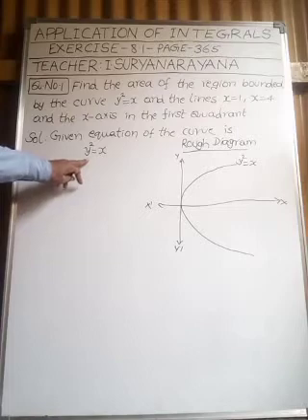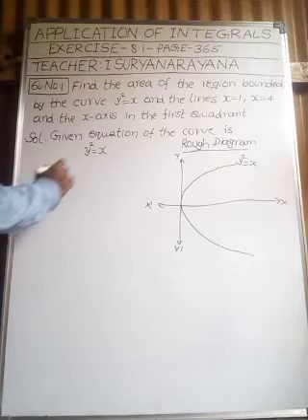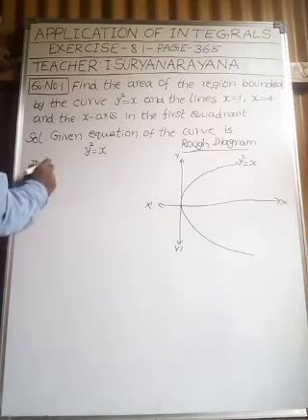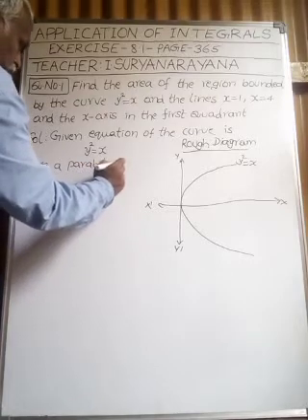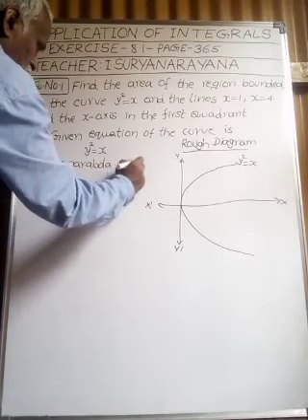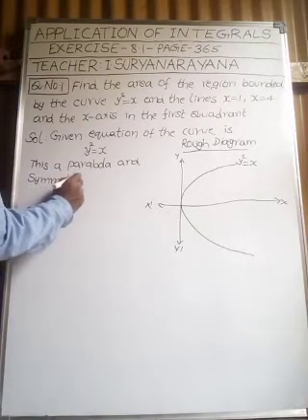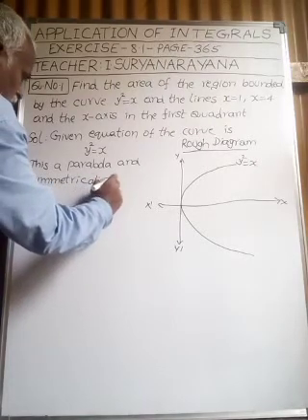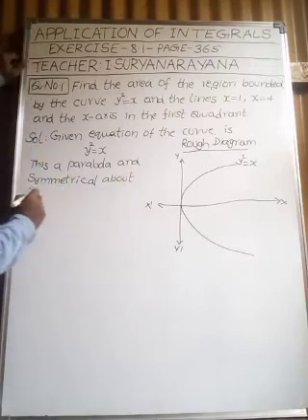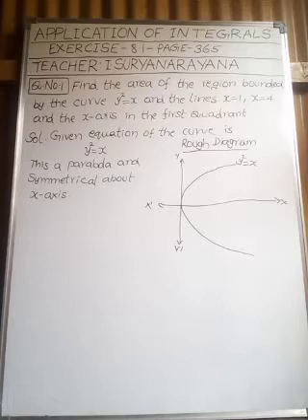The graph of this equation is a parabola symmetrical about the x-axis. Okay, my children, understood this point? So this is the graph of the given curve.